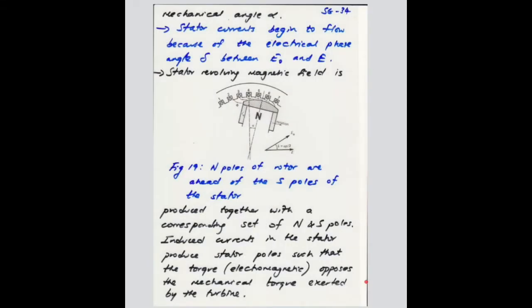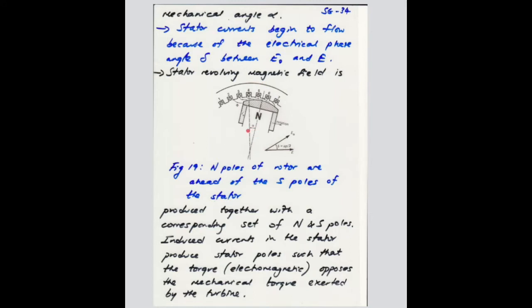That's figure 19, right? So now when the operator starts to apply more steam, you can see that the rotor has advanced at a slight angle with respect to the initial axis. So we have what we call a certain mechanical angle alpha that's been introduced between the axis of the stator pole and the axis of the rotor pole, right?